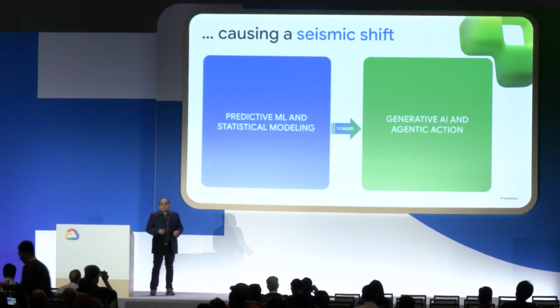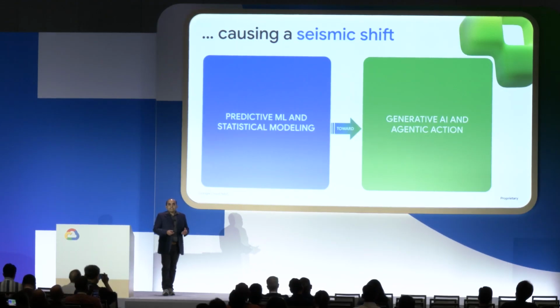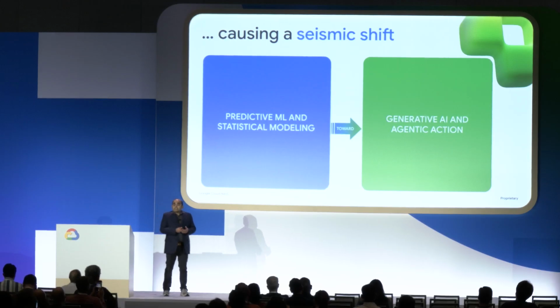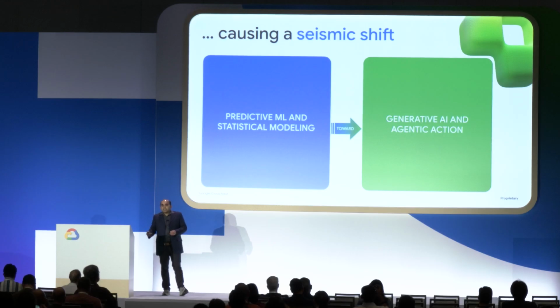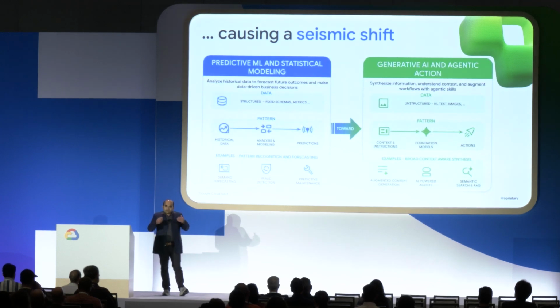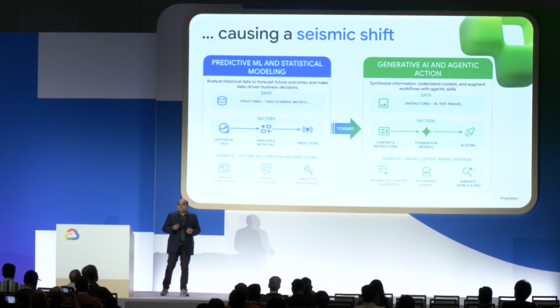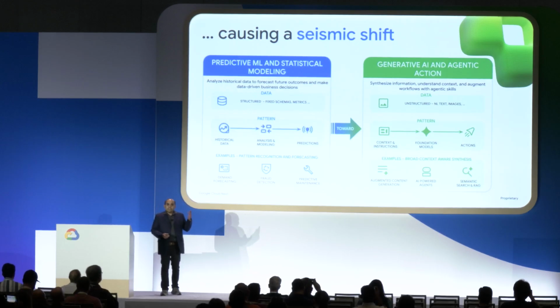Right? So at a high level in the world of data science, we're observing a seismic shift. The shift from traditional data science, which involved statistical modeling, predictive machine learning, and that's slowly evolving into generative AI, LLMs, agentic action, and so on. So if you step a few feet below, what this essentially boils down to is 3 things.